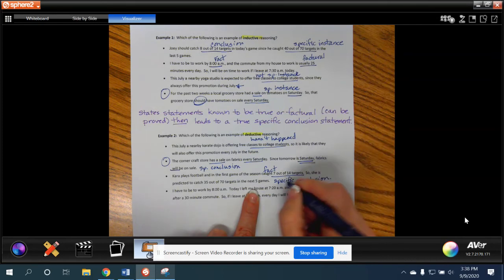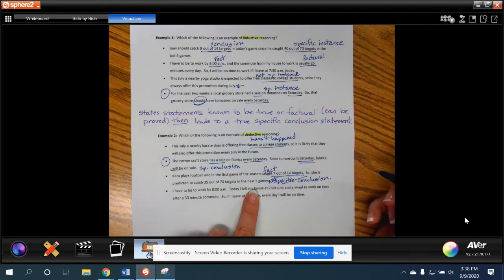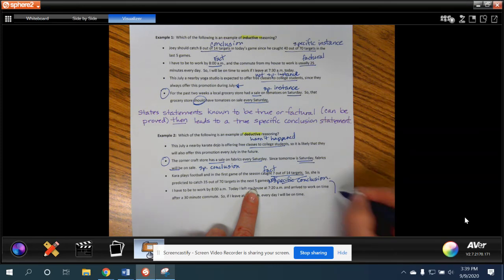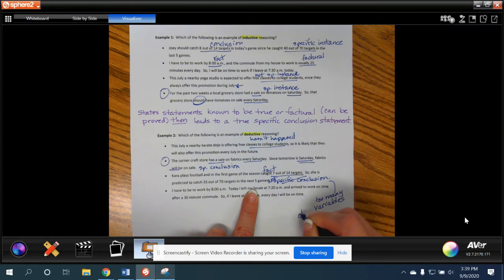And what I mean, it's not specific enough. There are too many variables that can occur. So on this one, there are too many other variables, such as what if she's sick? What if the game's canceled?